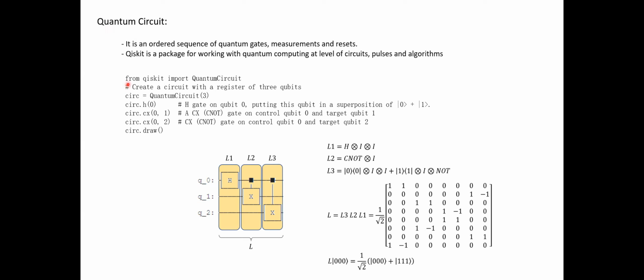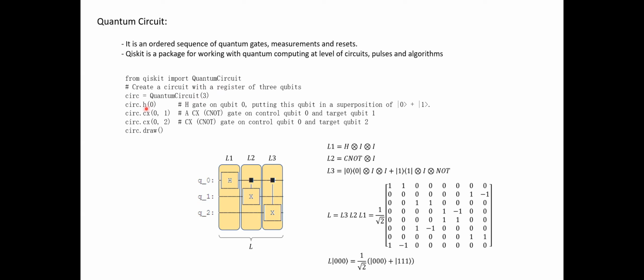Building a quantum circuit using Qiskit is straightforward if we are building a simple quantum circuit. This piece of code shows, okay, I import the QuantumCircuit class and define a new object with 3 qubits.